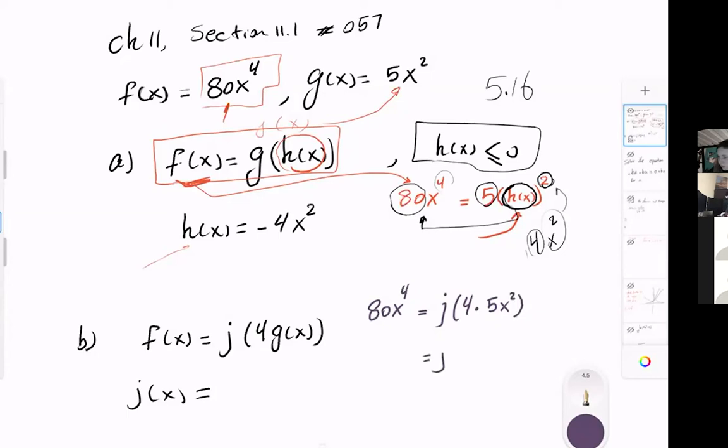This is the same as j of 20x squared. So what is j of x? It should be that if I put 20x squared inside of j, I get 80x to the power of 4.